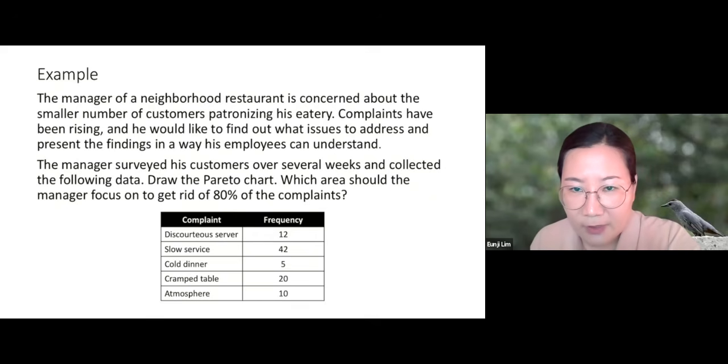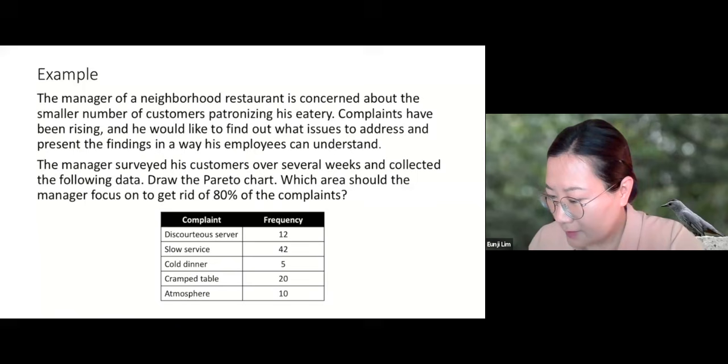The manager of a neighborhood restaurant is concerned about the small number of customers patronizing his eatery. Complaints have been rising, and he would like to find out what issues to address and present the findings in a way his employees can understand. The manager surveyed his customers over several weeks and collected the following data. Draw the Pareto chart. Which area should the manager focus on to get rid of 80% of the complaints?